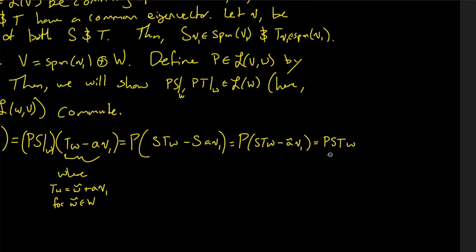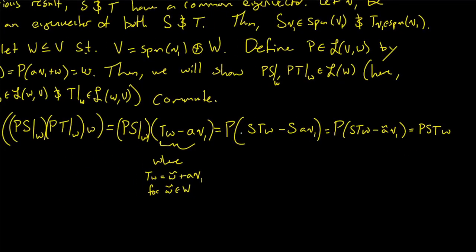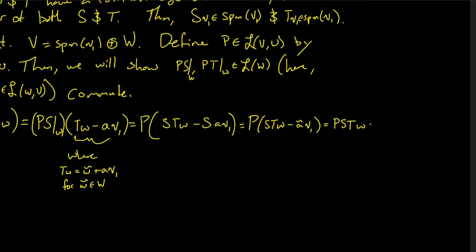But hey, wait a second. PST of W? Well, this doesn't seem so strange. Notice I started out with PS and PT, right? Now I am supposing that S and T commute, so I can flip these right here.